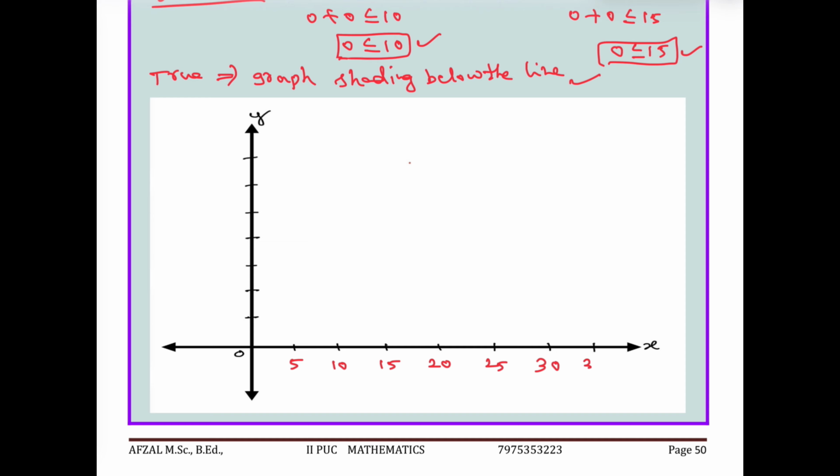Therefore, integral 0 to 2 pi cos power 5x dx equals 2 times integral 0 to pi cos power 5x dx. Now again we have to apply the condition.